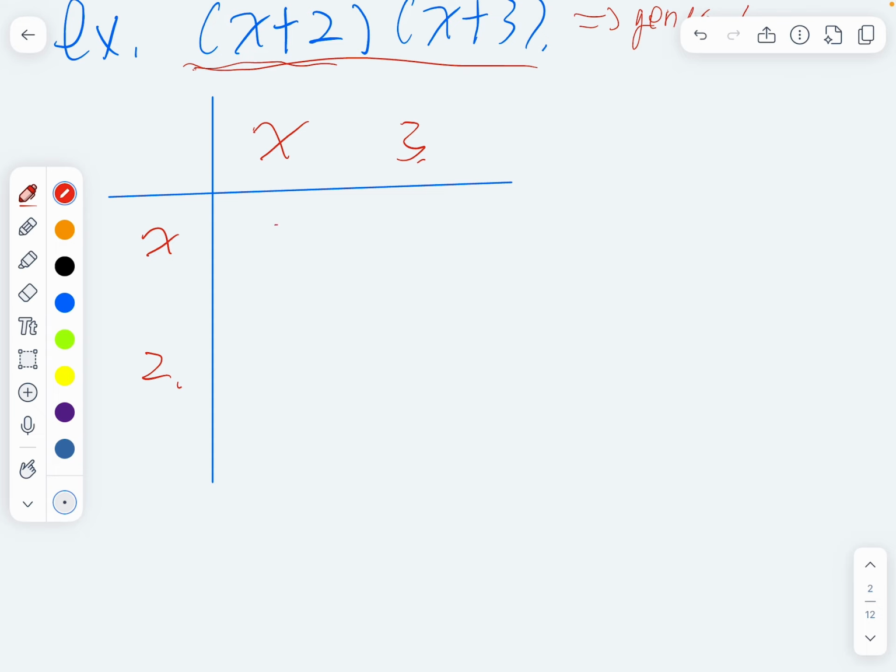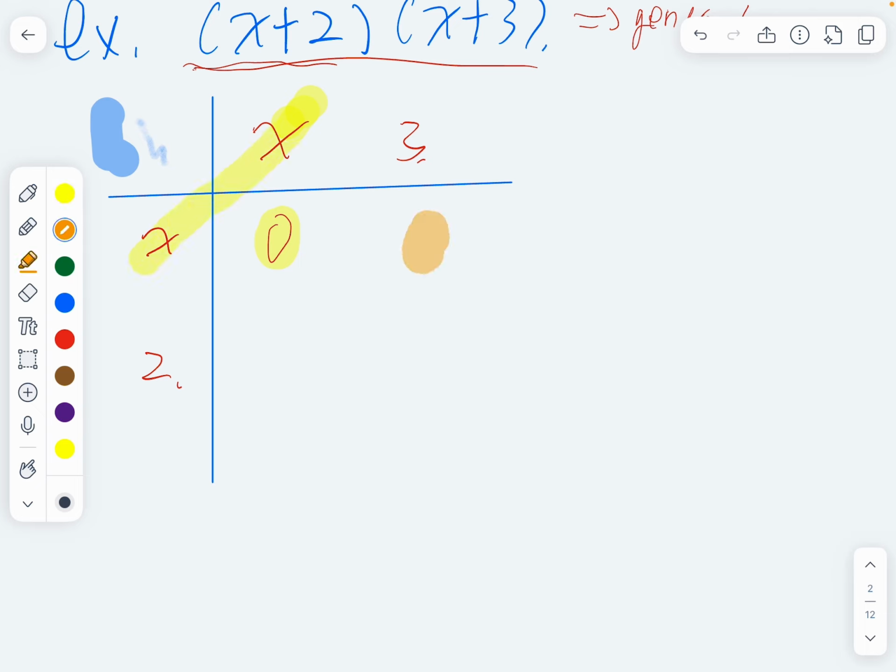For the first position we need to find x times x. For the second one we use x times 3. For this position we need to calculate 2 times x.